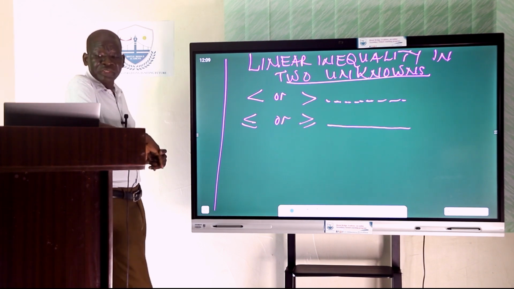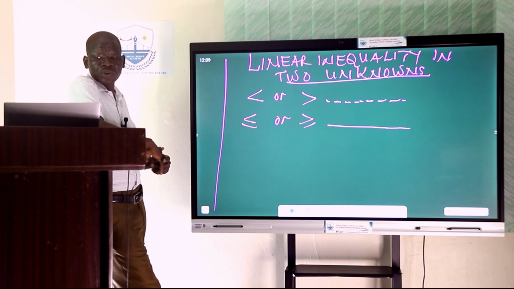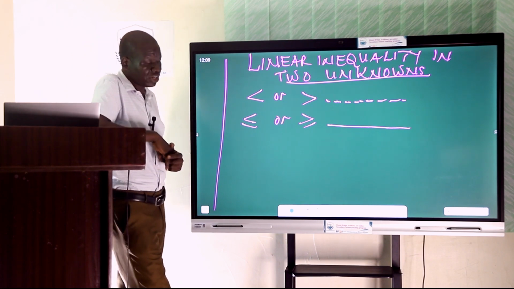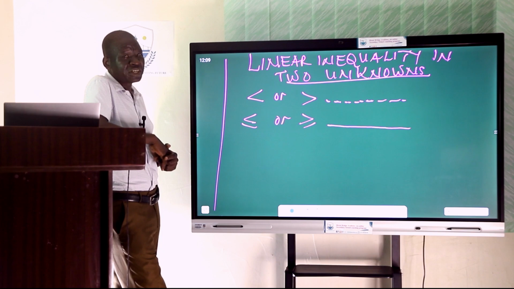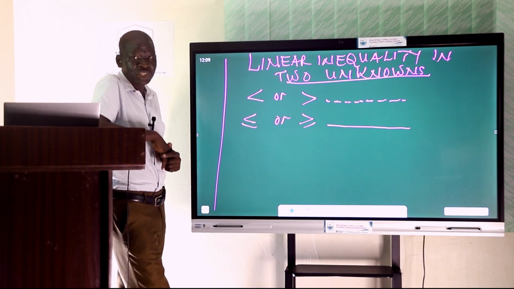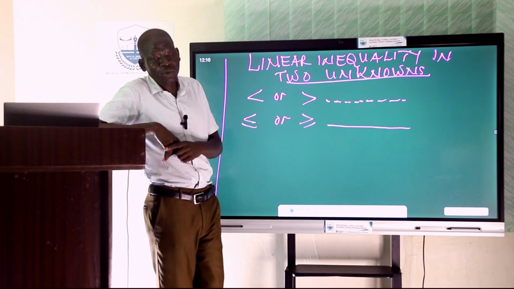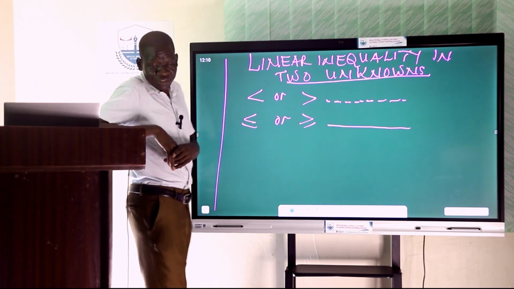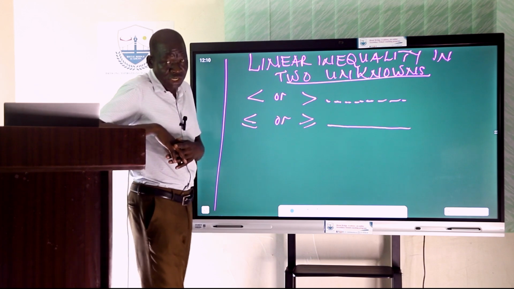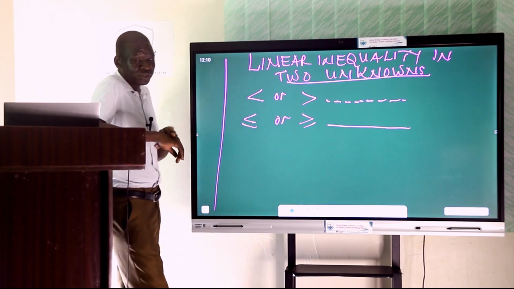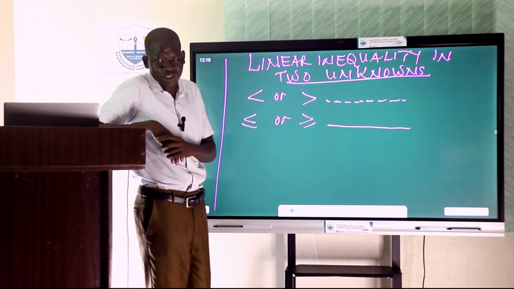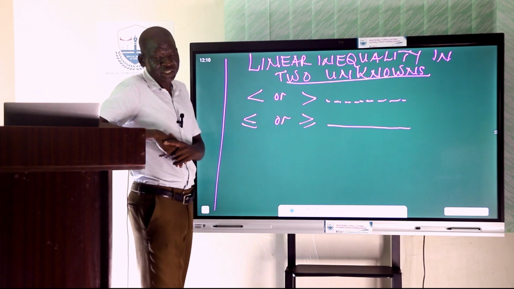After that, we find the intercepts for each of the boundary lines. What is the meaning of the intercepts? Here there are two intercepts: the x-intercept and the y-intercept.